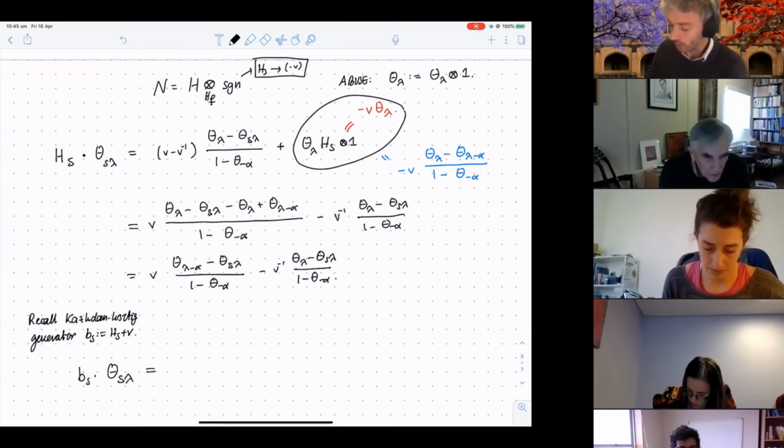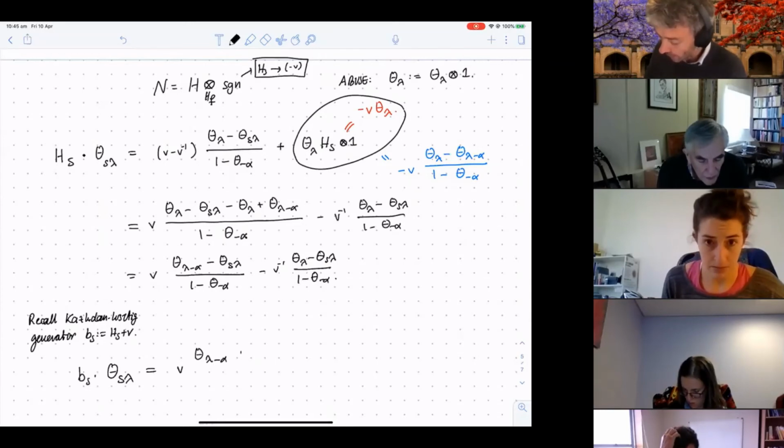And I take this whole expression, and now I add V times theta S lambda. And so what I get is V times theta lambda minus alpha plus theta S lambda minus alpha.